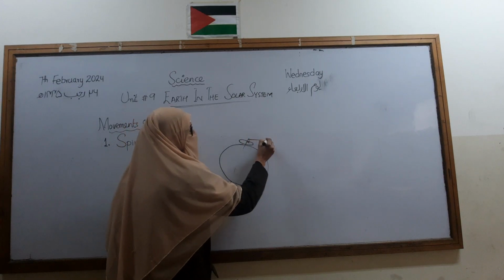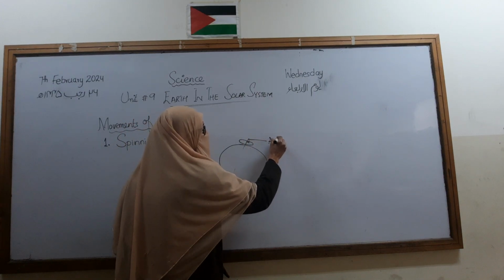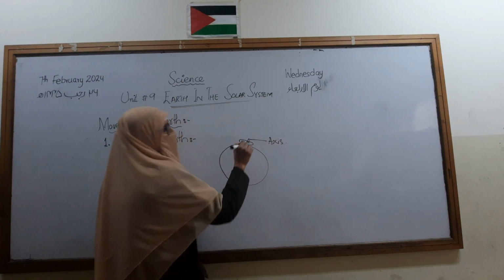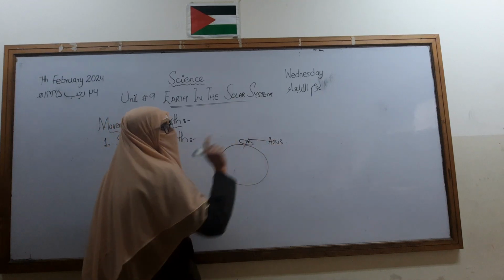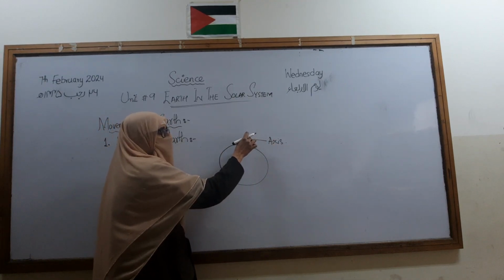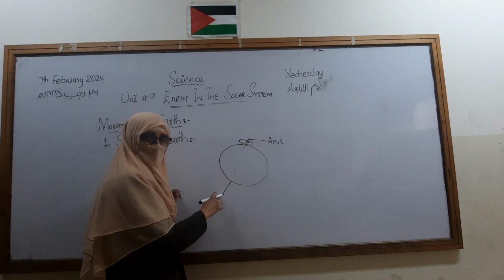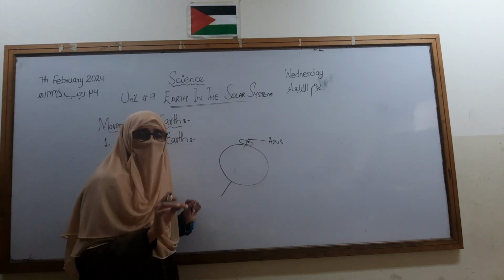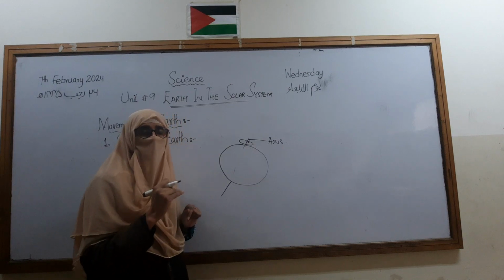What is the axis? This is called the axis of the Earth. And what is the axis? Axis is the imaginary line that starts from the North Pole to the South Pole, and it can divide the Earth into two halves.